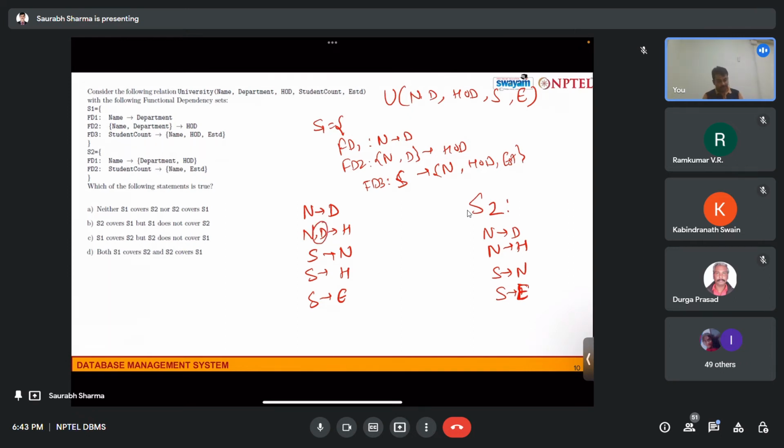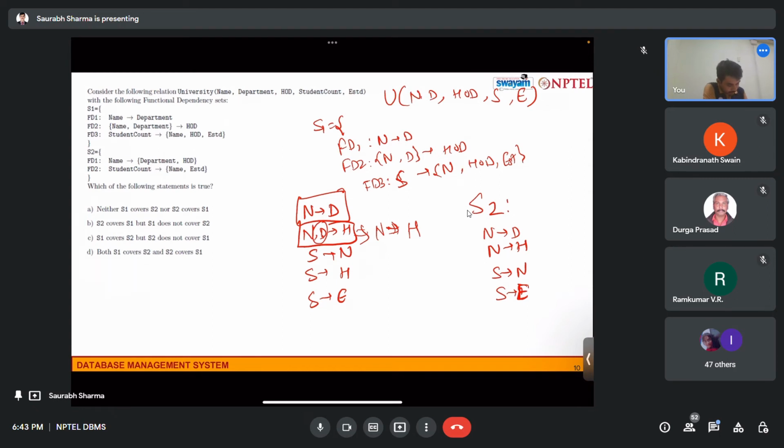Why? Because from N determines D, we can infer that N is deriving D, so ND providing H can be decomposed, and we can infer that N provides H. From ND provides H, now N can determine H.